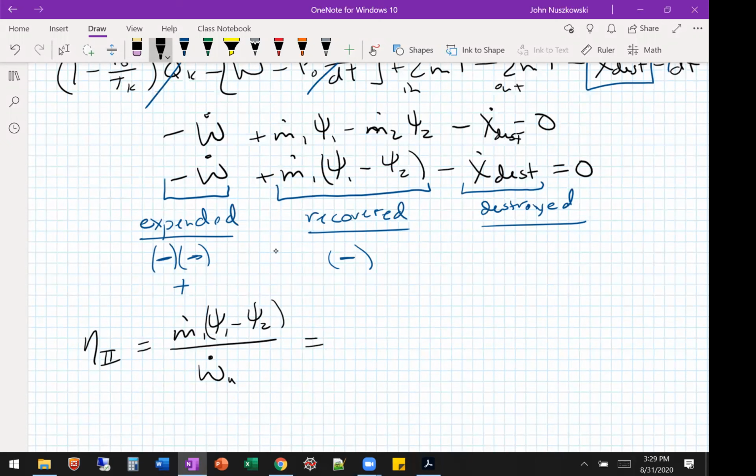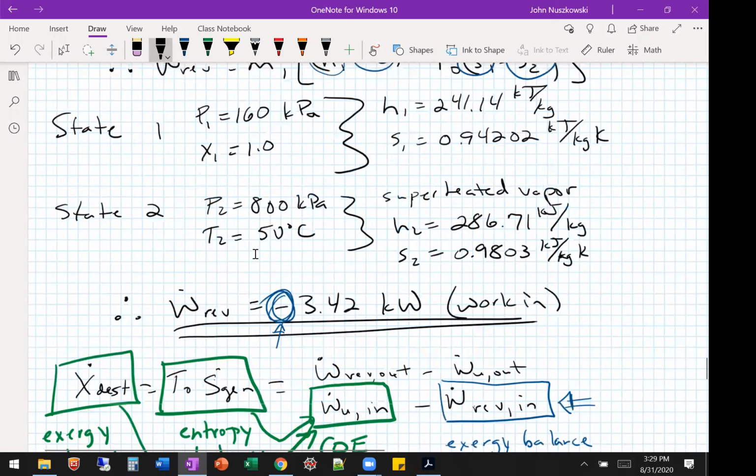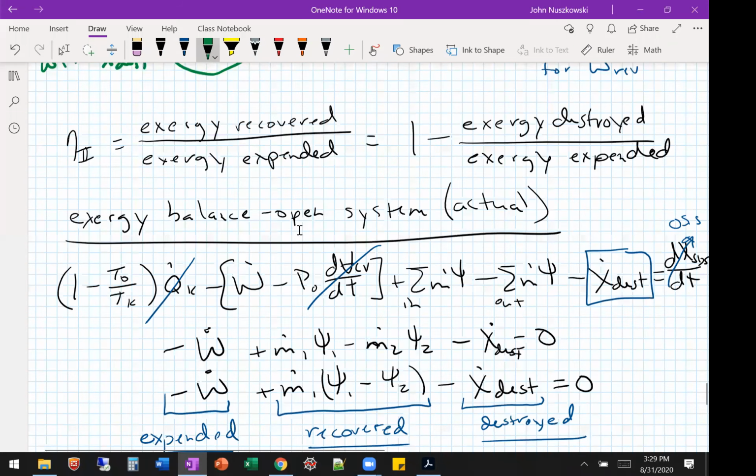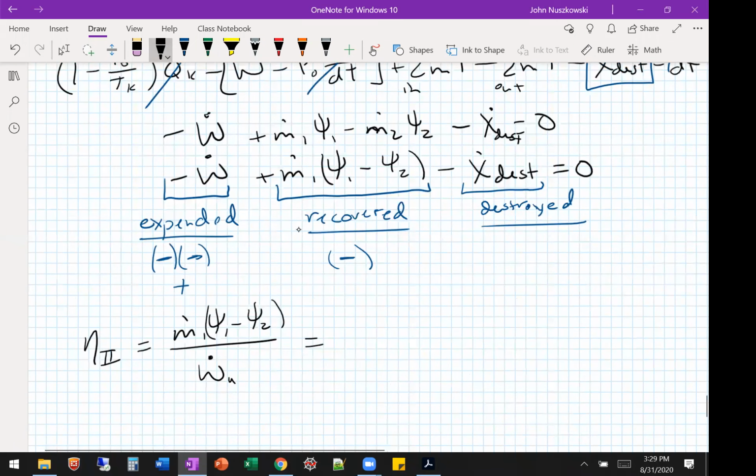We can also look at this whole thing on the numerator as the same thing as what we got way up here, for work reversible. So we could simplify it and say it's work reversible divided by work useful, okay? Is our second law efficiency.